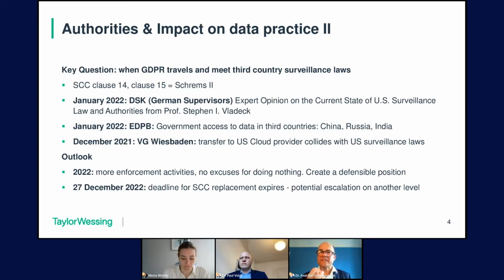And in the new SCC, as I explained, in clause 14 and 15, you see the Schrems 2 judgment. So it's embedded in the SCC, and if you successfully would like to replace your old standard contractual clause, you must somehow also get along with these clause 14 and 15, which means you have to do a transfer impact assessment properly in order to get that installed.